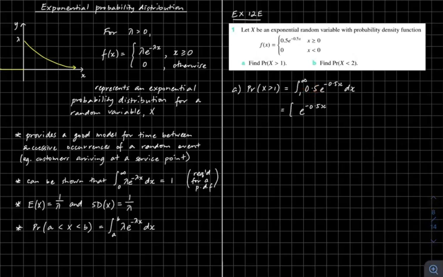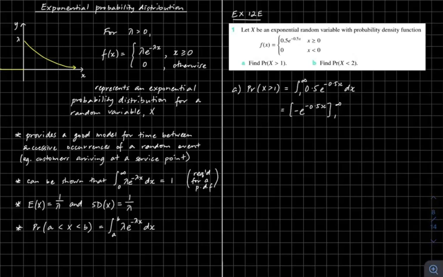So I need to put a negative there to counteract that, and then from 1 to infinity. You might need to pause for a moment and just convince yourself that that is the integral of this here. But hopefully that wouldn't take you too long.